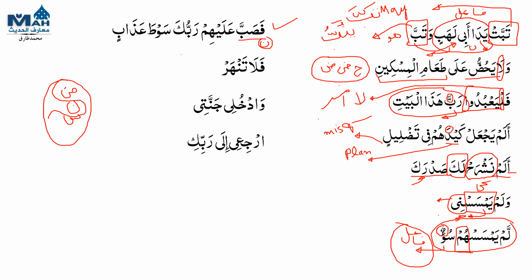Mostly it can come from others, but mostly they are only from these three. فَصَبَّ عَلَيْهِمْ رَبُّكَ صَوْتَ عَذَابٍ. So what is the file of sabba? عليهم. Him. Oh, it can be file. Excellent. It's new learning for me. Oh, sorry. فاعل. It's صب هو. Yeah. So why Rabbuka is marfu then? Because it's فاعل. Then why you said huwa?